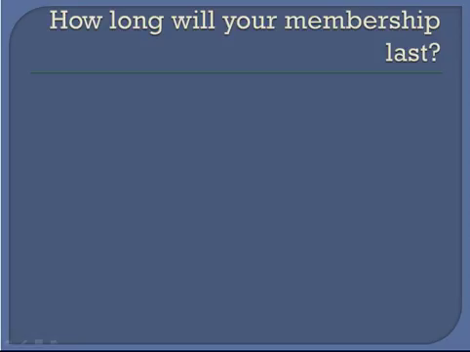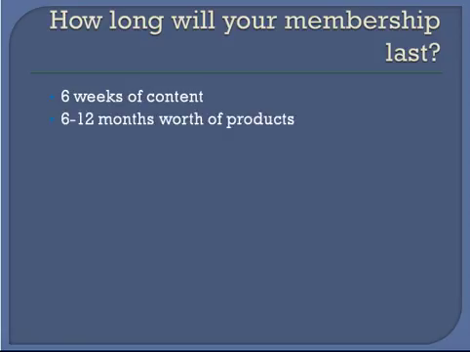What you can do initially is gather all the content and see how much content you have and what kind of content you might need to add. That will tell you how long your membership site will last realistically. You could have 6 weeks of content, you could have 6 to 12 months worth of products. It really depends on your audience and who is buying your products.